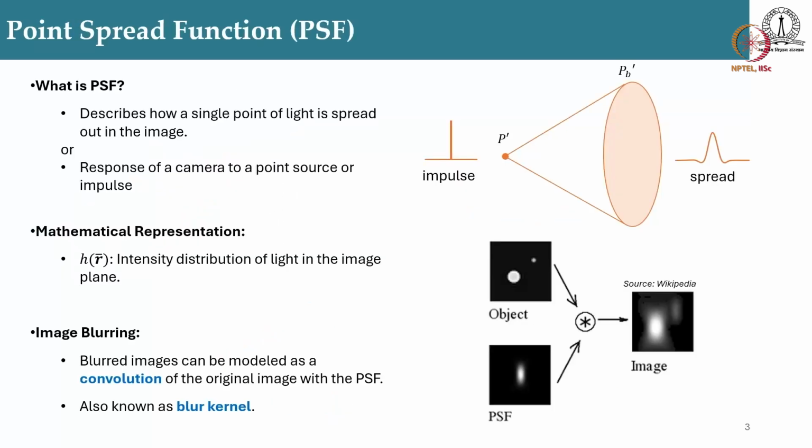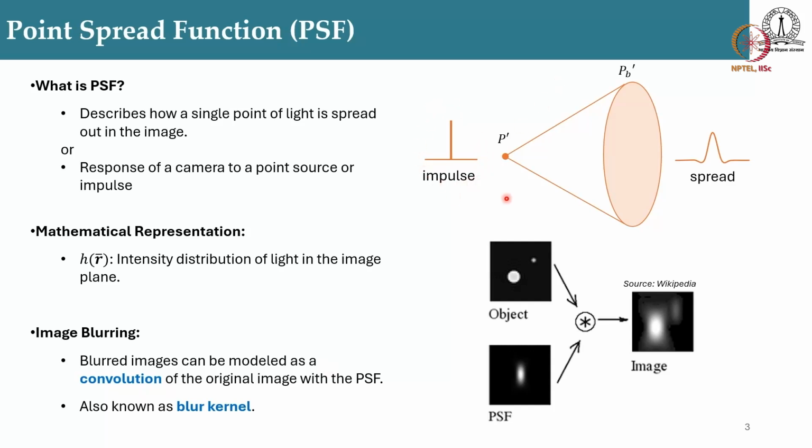If we define the point spread function in a more systematic way, it describes how a single point of light is spread out in an image, or how a camera responds to a point source or an impulse. An impulse, in a functional form, looks like a Dirac function.